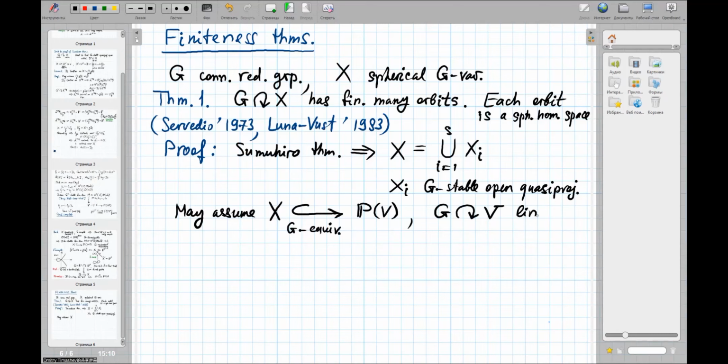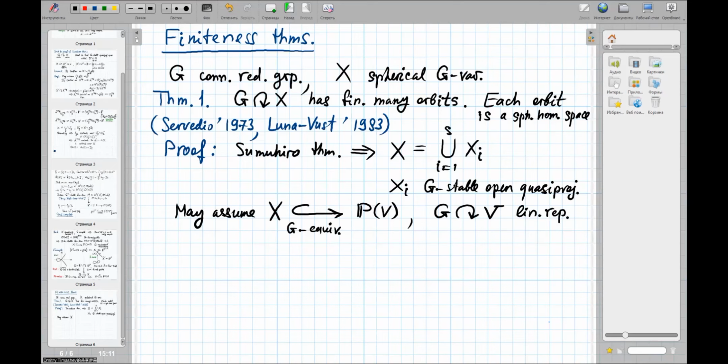Professor, we require the Xi to be pairwise disjoint, right? No, of course not. They are not pairwise disjoint because X is irreducible, and any two open subsets intersect. So these Xi's overlap very strongly.